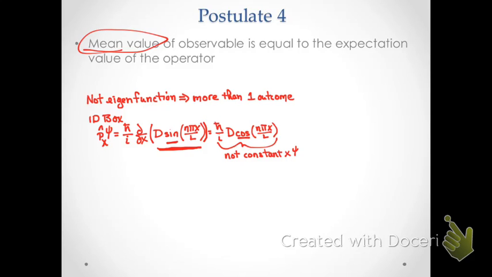And that means that when we go into the lab, if we have a particle that is in the state described with this function, and we attempt to measure the momentum, we are going to get more than one outcome.